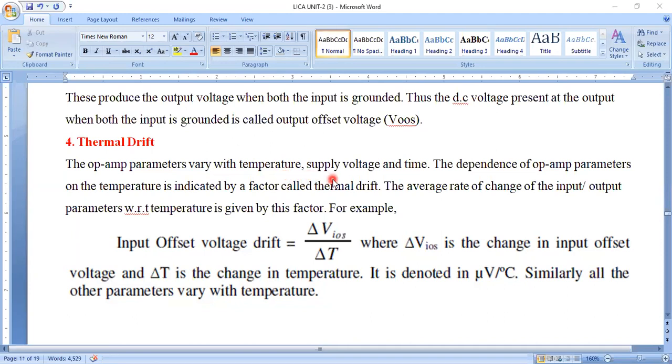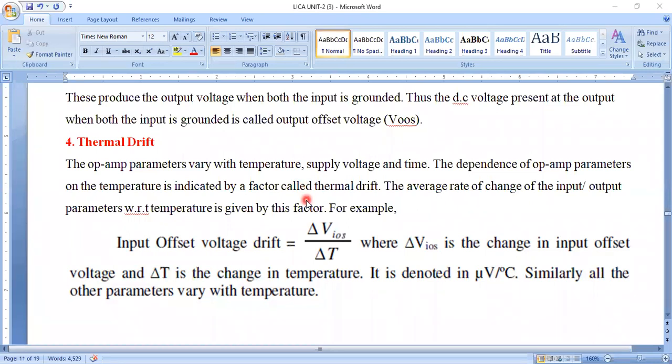That means the operational amplifier behaves in one manner when operated at room temperature, and the performance changes when the temperature changes. So the operational amplifier parameters are temperature dependent. If it works at room temperature, the output performance is good. If the temperature rises beyond room temperature, the performance changes.